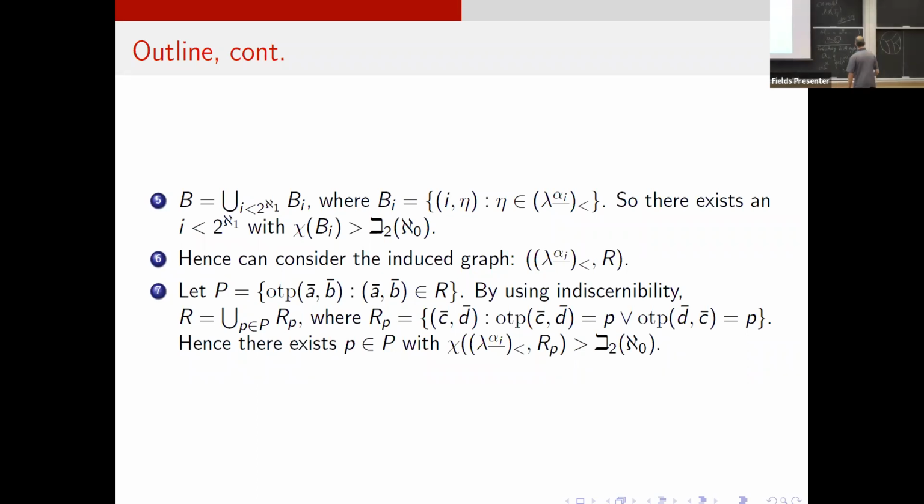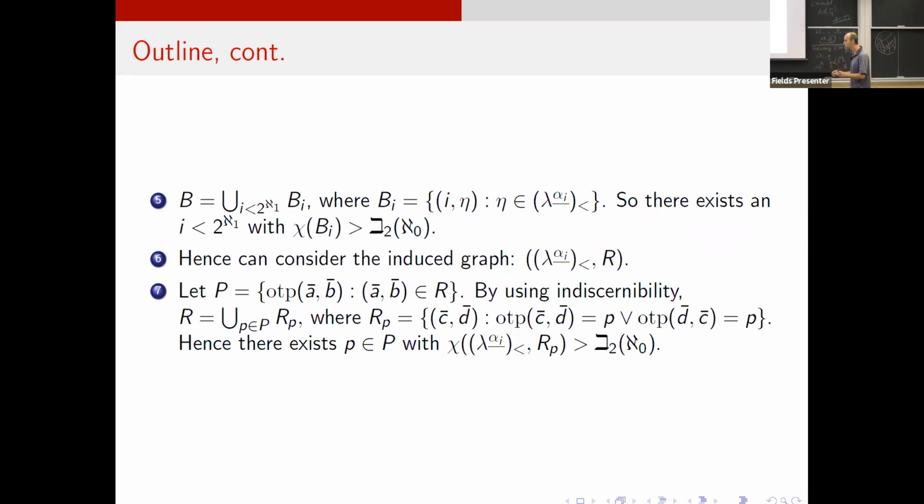And we can now partition not the vertices, but the edges, by means of the order type. I mean, we only have a bounded number of order types around. So we can also show that because we have that large chromatic number, there is one part of the partition of the edges that is to blame for this high chromatic number.